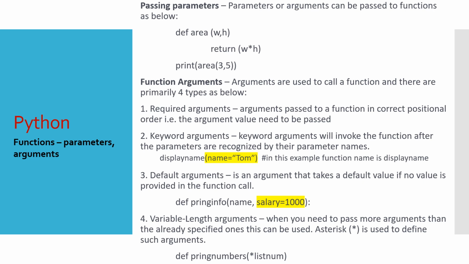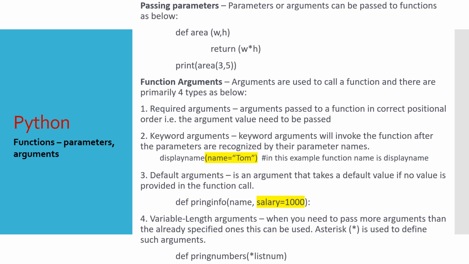With regard to arguments, the ones you're seeing in the brackets, there are 4 types which are important to remember. First, the positional arguments, which are arguments to be passed to a function in the correct position, because otherwise you will not get the right answer.